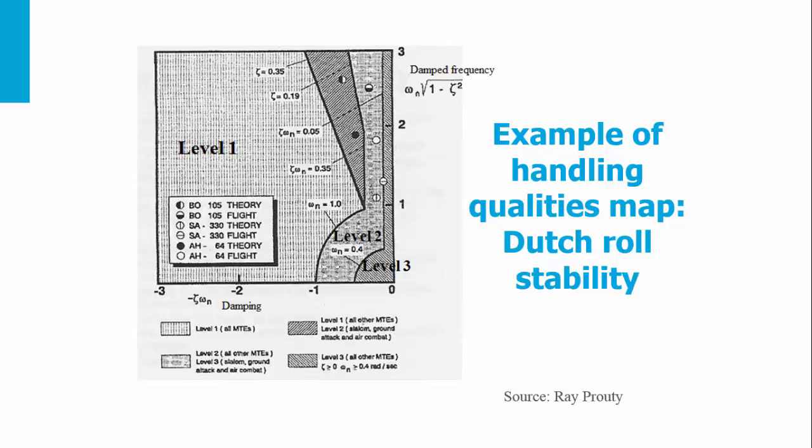And you see the Apache H64, which in theory is predicted level 1, in flight it is level 2. Therefore, we need these criteria to describe how easily the pilot is flying the task. I ended today the course on stability and control, and this ends the helicopter stability.